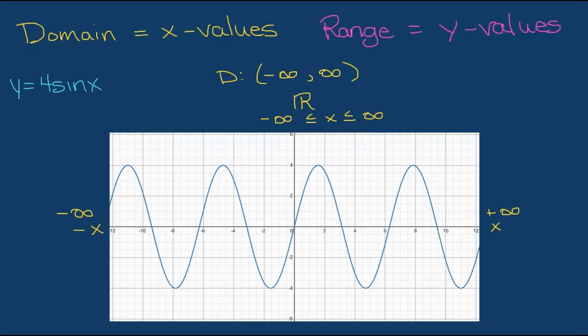So let's do the range now. Remember, range is y, so I'm going to come to the y-axis, and I'm going to put in its maximum. If we put in its maximum, it hits it, but if it's above the maximum, it's not going to hit it. So it is not going to go up to the positive infinity direction or the negative infinity direction. It's going to minimum out at -4, and it's everything in between.